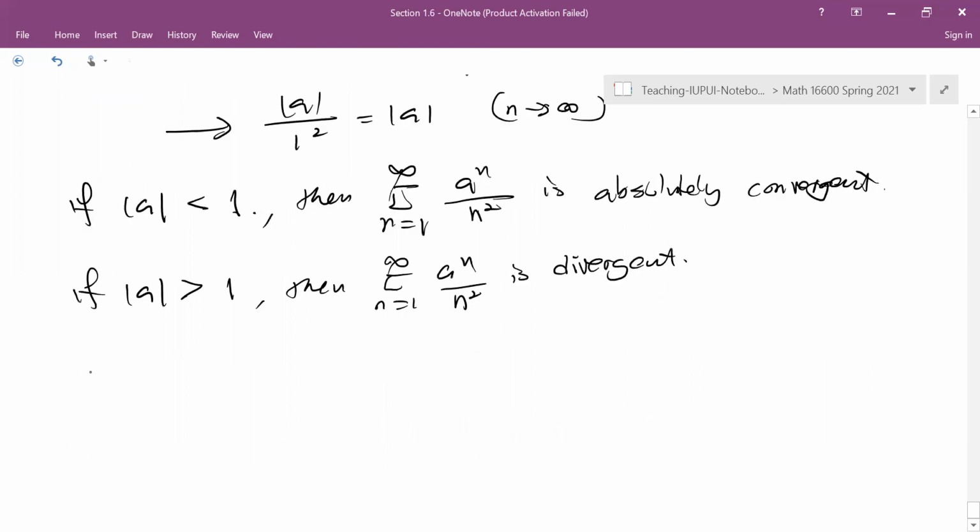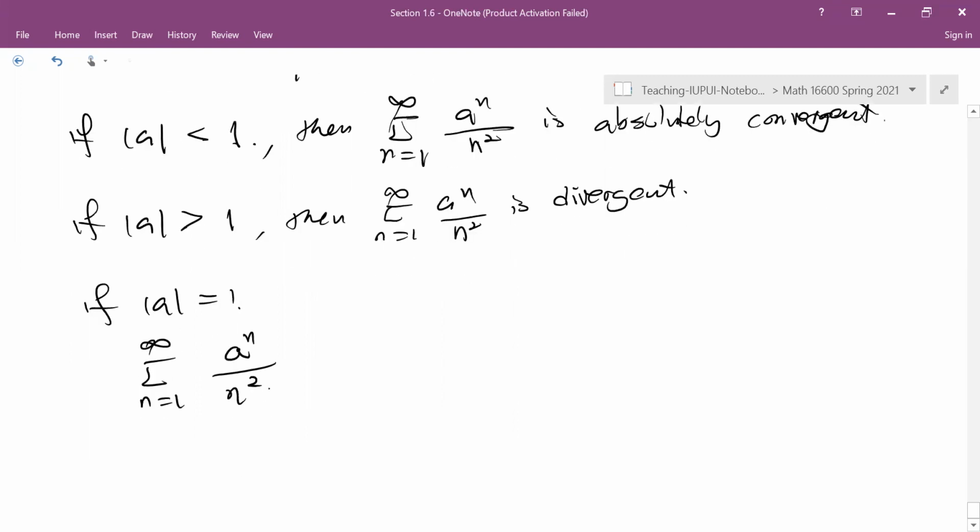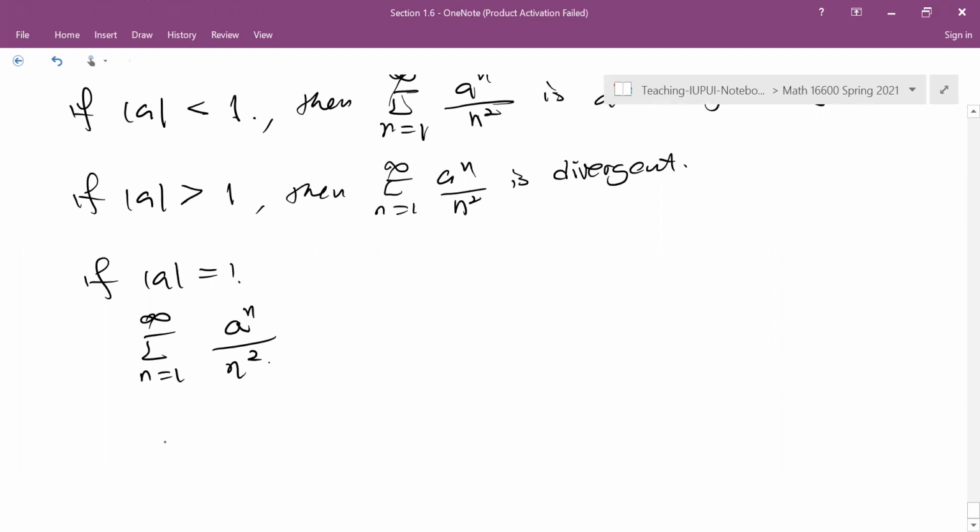So let's take a look at those two cases. If A is going to be 1, my series here is going to be A to the n squared power, right? I think we should use the theorem we studied at the very beginning. This is going to be absolute A to the power n squared.